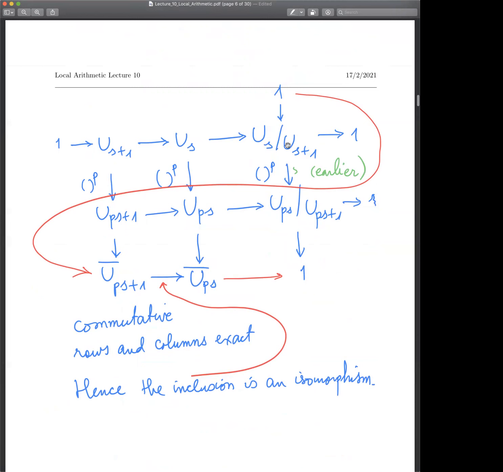Then, of course, I can take the quotient, so I'll get an exact sequence like this. I can also take the quotient here, so I get an exact sequence here. And then vertically, look at the first vertical column. It's U_{ps+1} modulo U_{s+1}. But U_{s+1} is exactly the intersection of U_{ps+1} with U_1^p.